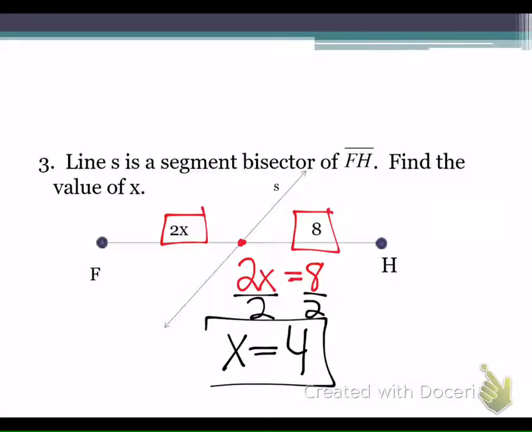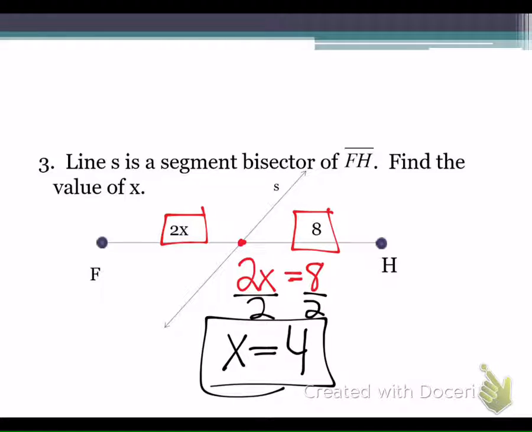Perfect. This is where I always pause and say, does this make any sense? If I put a 4 in for this x, and I said 2 times 4 is 8, are these really the same? Yeah, so you're good. If you plug it back in and you get like 16 and 8, you know that you've made some sort of mistake. They should be equal when you plug it back in.